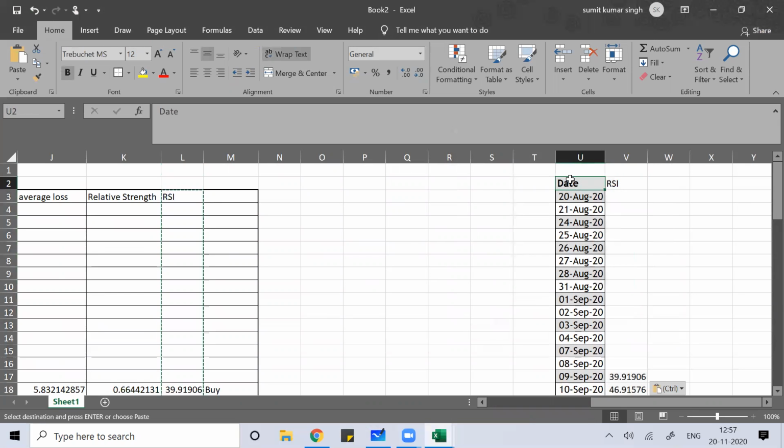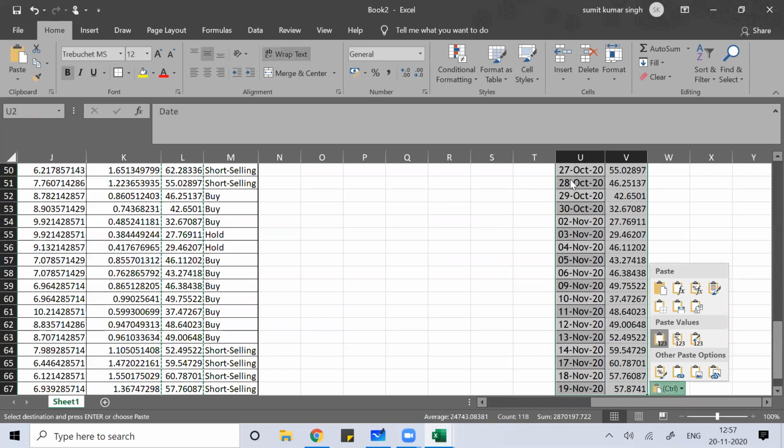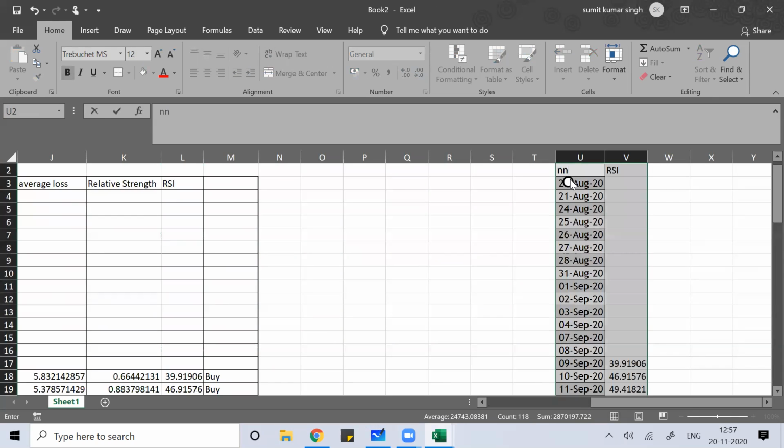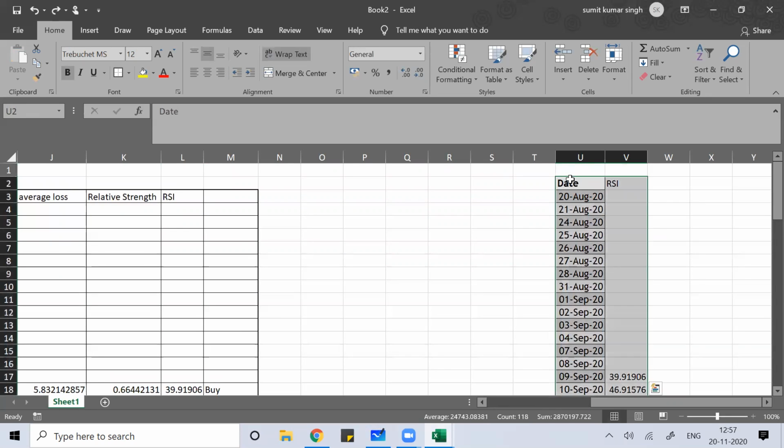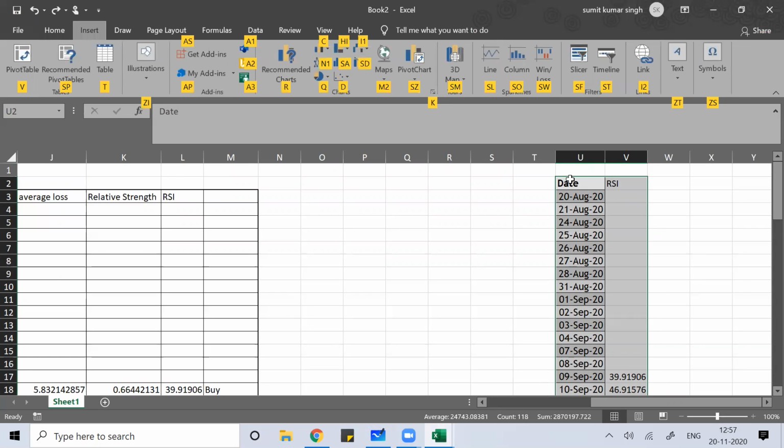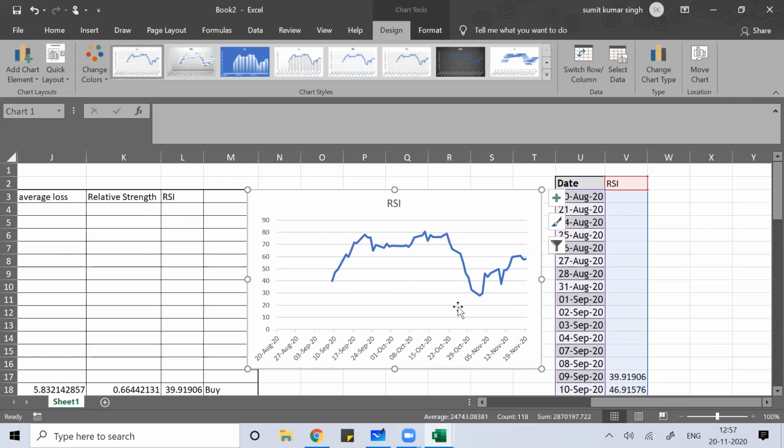I got the date RSI value. So you can see this.